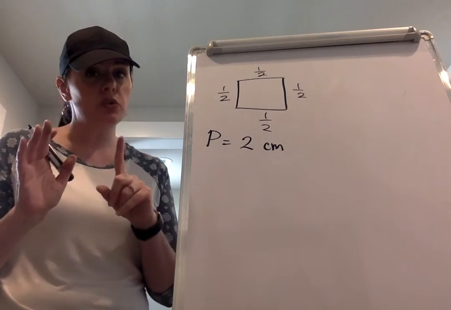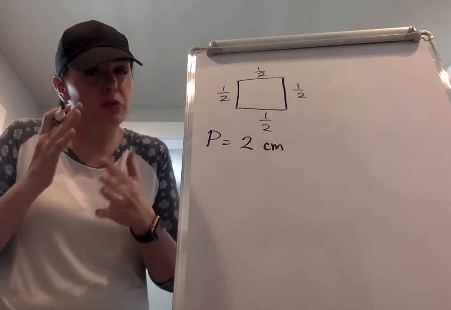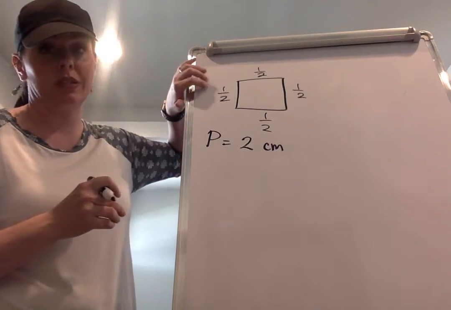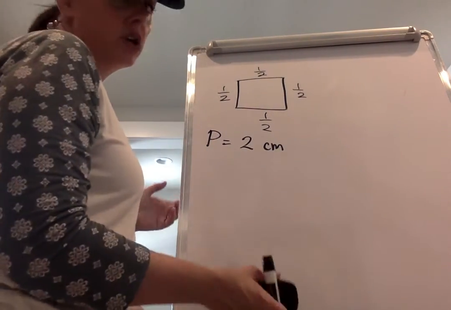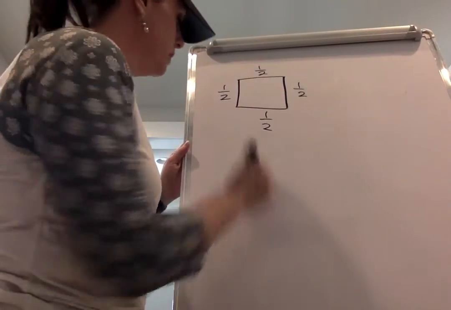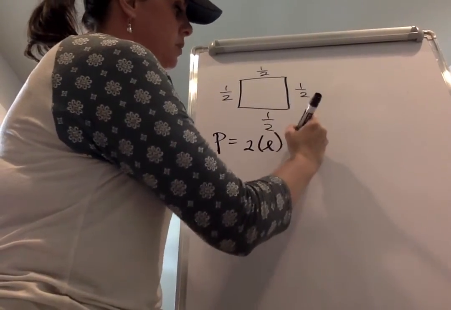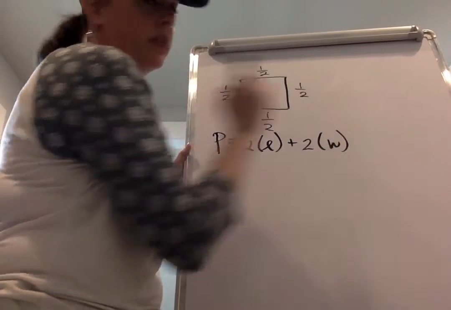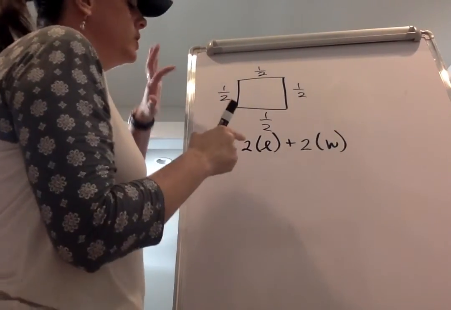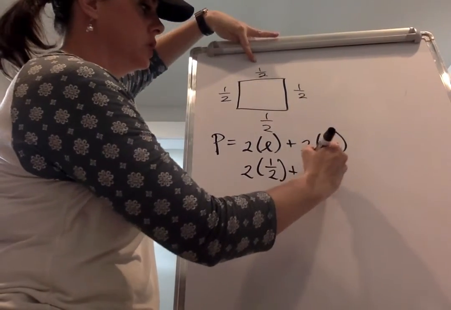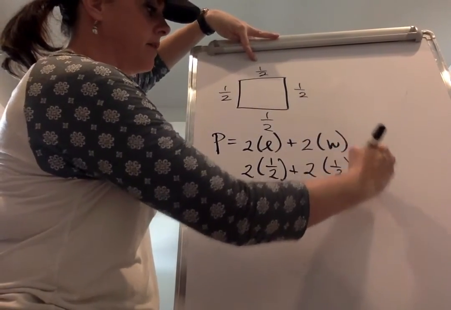But I can also use our formula, and this is probably the preferred way because this will help us in other cases. We won't always have numbers this easy, right? Our preferred way is to say that perimeter equals 2 times the length plus 2 times the width, okay? So we've got 2 times 1/2 plus 2 times 1/2.